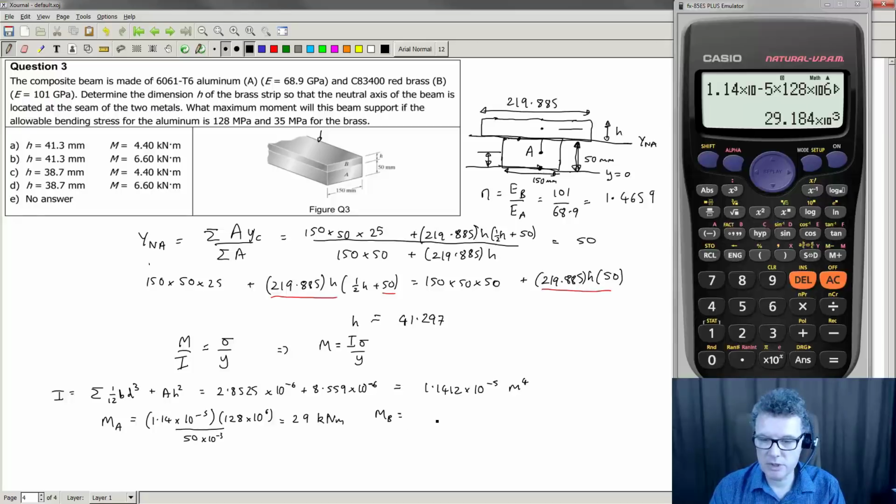So now let's look at the brass section then. Let's imagine we're doing the same thing, and we're going back to our diagram here. So we're putting the I value, and its maximum allowable stress. That's much lower, 35.